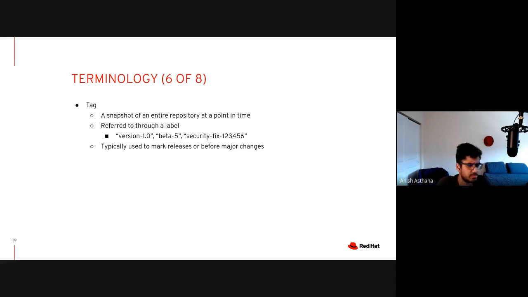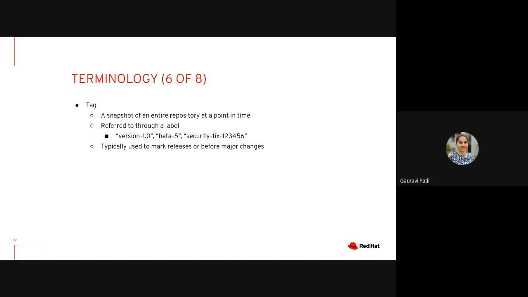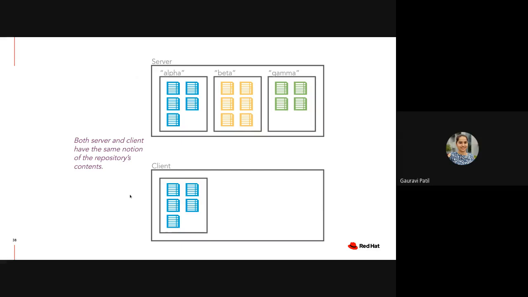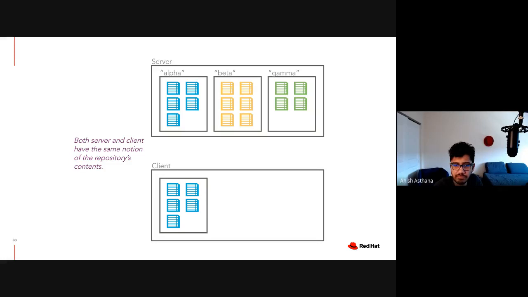I thought someone, oh, yeah, go ahead, Gauravi. My question is, let's say on my client copy, I'm doing some changes and I do not have the latest copy of the server.